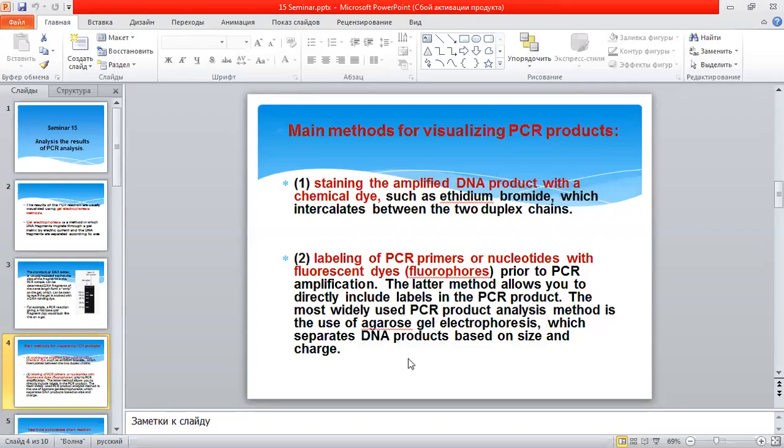The latter method allows you to directly include labels in the PCR product. The most widely used PCR product analysis method is agarose gel electrophoresis, which separates DNA products based on size and charge.